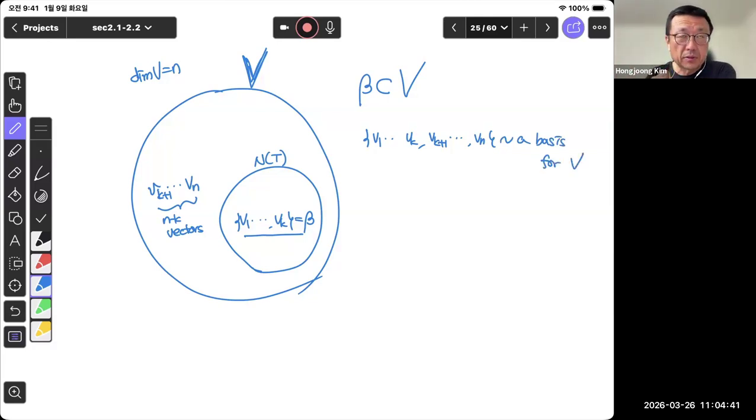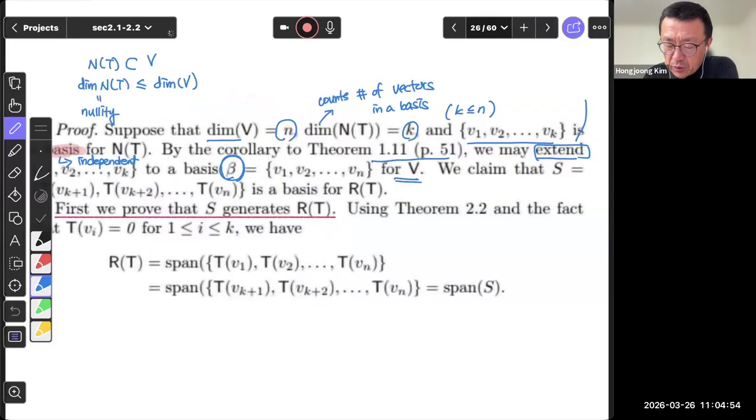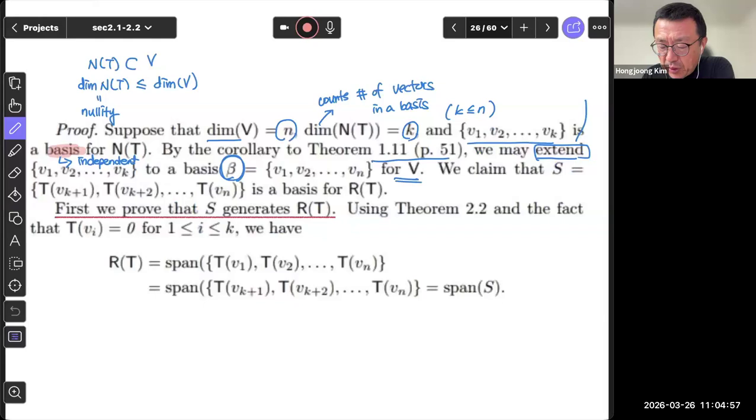We can extend this, meaning we can find those n minus k vectors outside of N of T to define a basis for the whole space V. So that's what you can do.